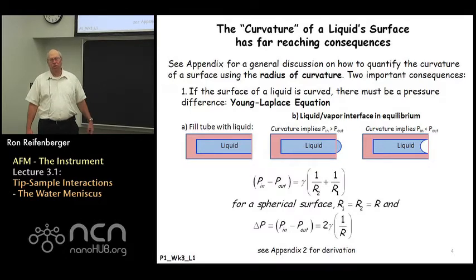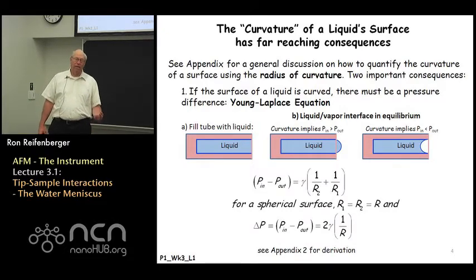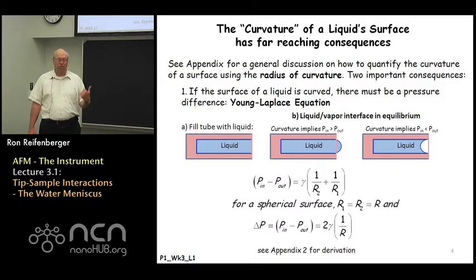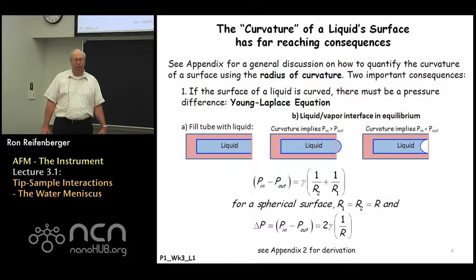There are 2 important results that we'd like you to know about in order to understand this water meniscus that forms between the tip and the substrate. The first result is referred to as the Laplace equation, and the Laplace equation basically says that if a liquid-vapor interface has a curvature associated with it, there has to be a pressure difference across that interface. So the equation that governs that pressure difference is given on the bottom of the slide. The derivation of this equation is given in the appendix of the lecture, so you can follow through with that on your own.